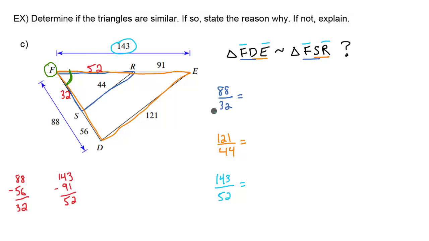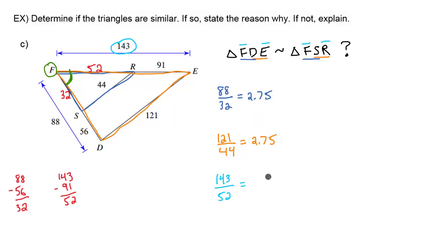Now, all three of these sets of corresponding sides have to have the same number, and if they do, then we have similar triangles. So 88 divided by 32 is 2.75. 121 divided by 44 is 2.75.